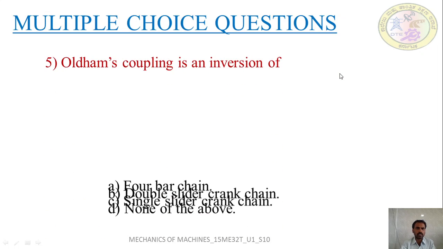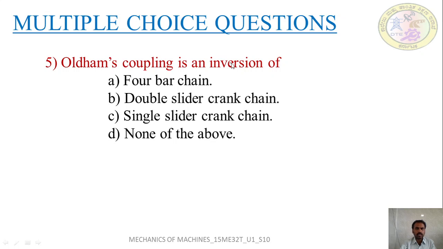The next question is, Oldham's coupling is an inversion of 4-bar chain, double slider crank chain, single slider crank chain, or none of them. So Oldham's coupling is the inversion of the double slider crank chain.